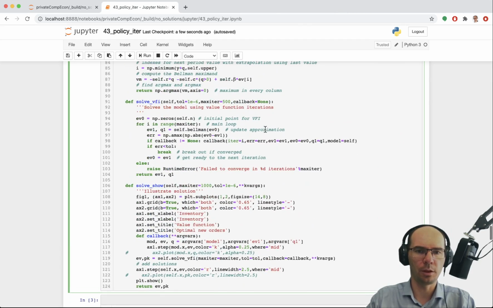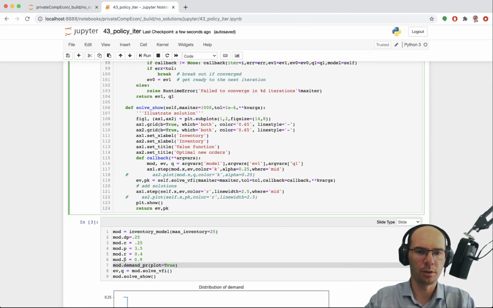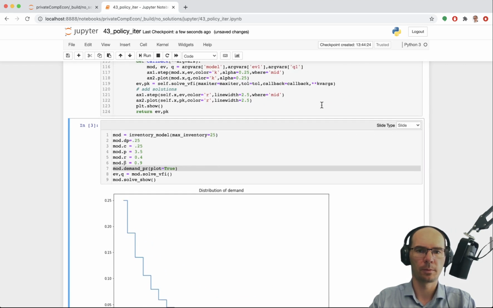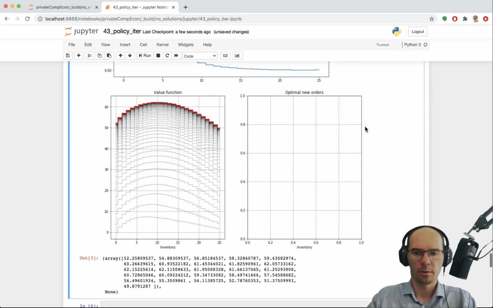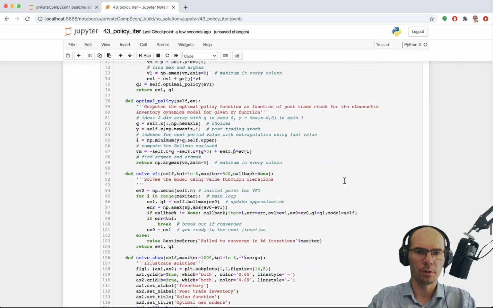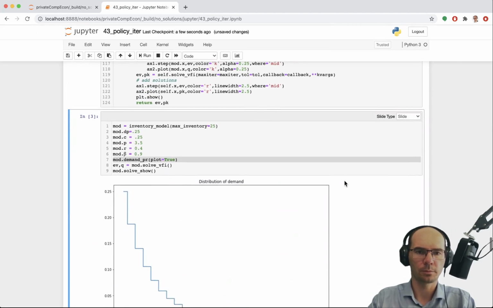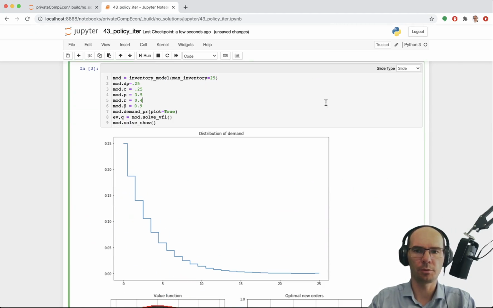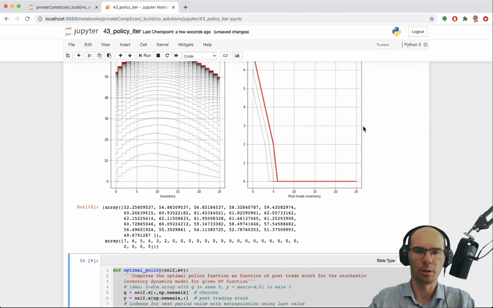Okay, now we can resolve this and visualize all the policies, except now for the X2, instead of inventory, we have to say post-trade inventory, because it is defined on a different space.